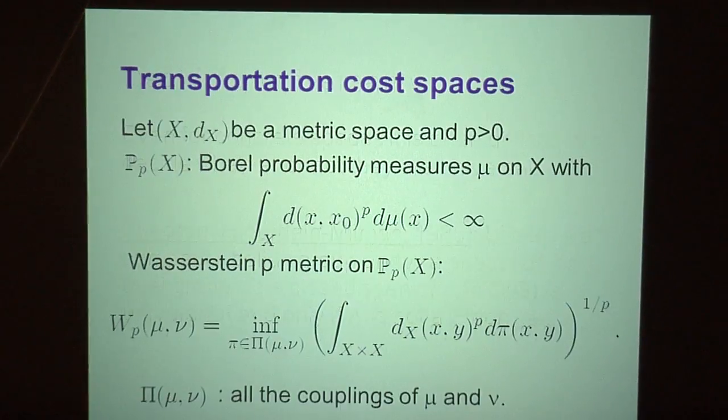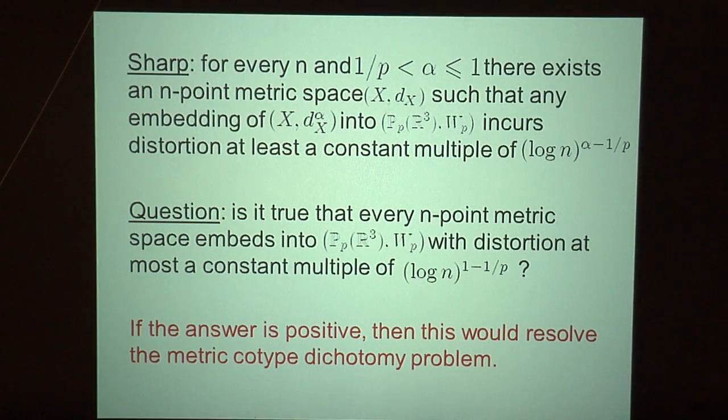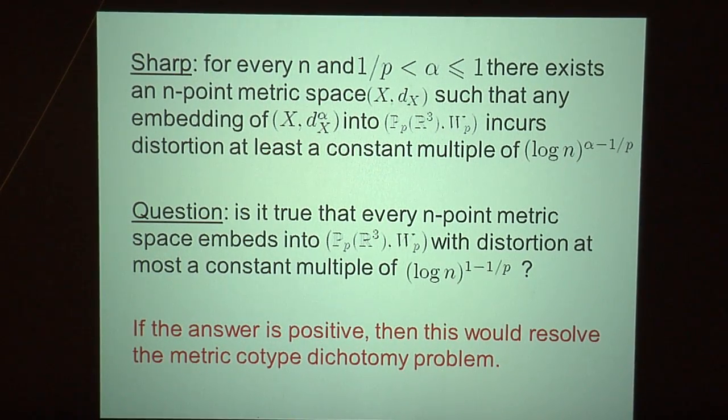So I believe that a good place to look for counterexamples is the probability measures on R3 with the Wasserstein p metric, but there has to be an embedding theorem about a general endpoint metric space. So here is a very clean question about finite metric spaces and measures on R3, which would solve the cotype dichotomy problem, but I think it's independently interesting.